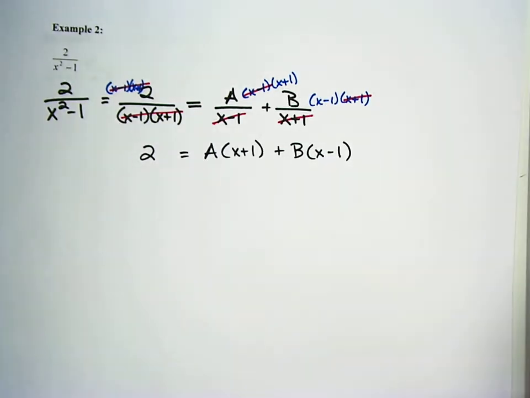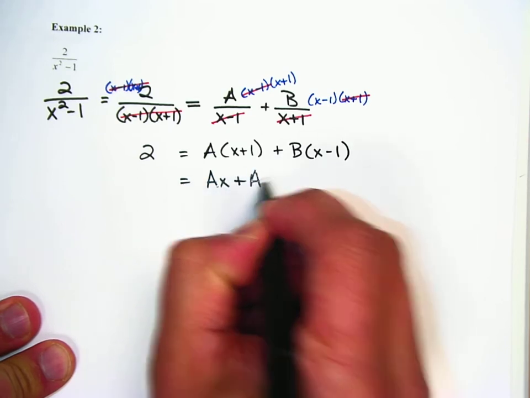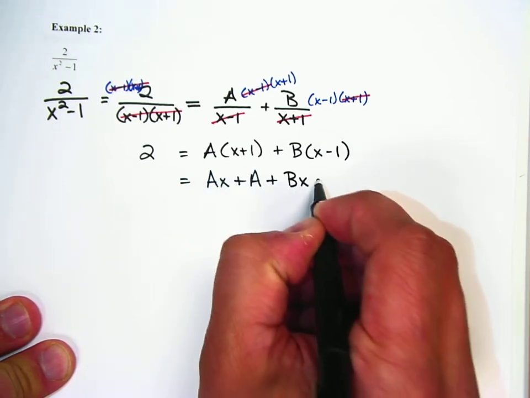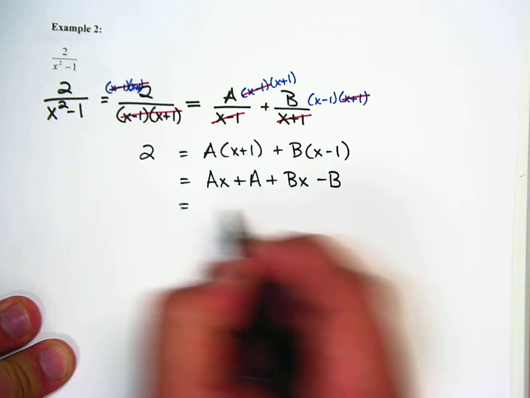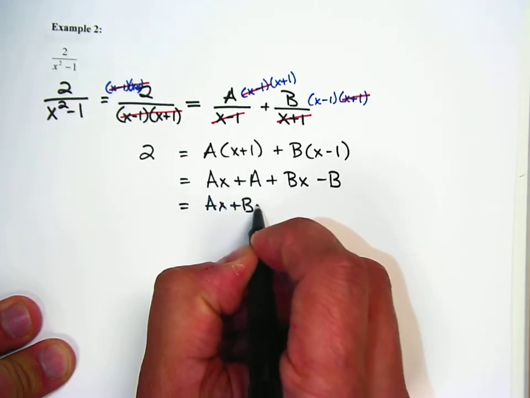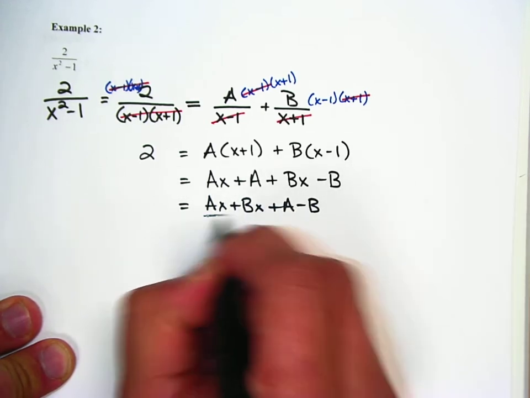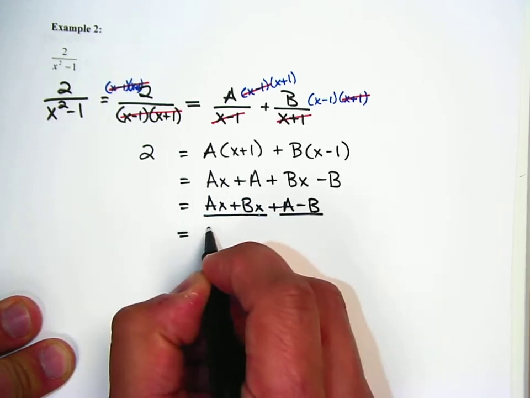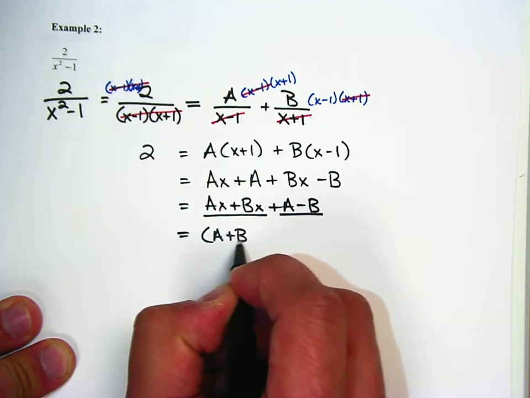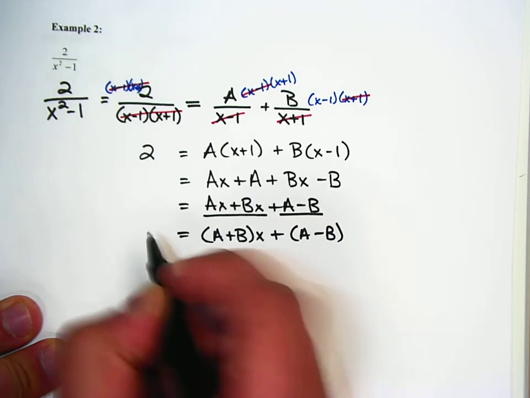Now, we're going to distribute and work the right side: Ax plus A plus Bx minus B. I can condense the common terms: Ax plus Bx plus A minus B. Grouping the x's and grouping the constants, I get (A plus B)x plus (A minus B).